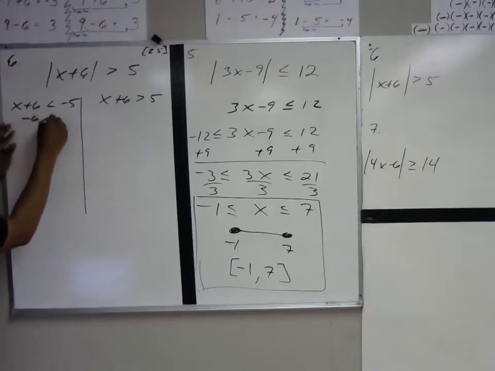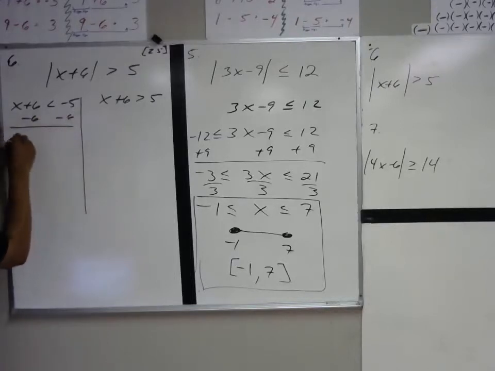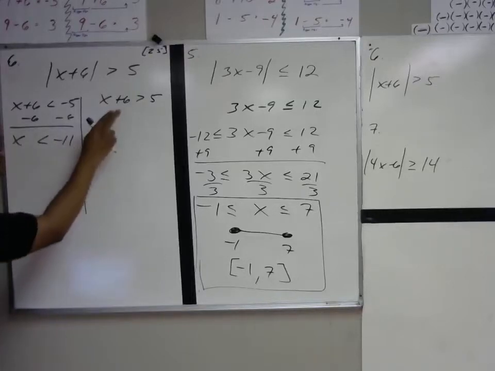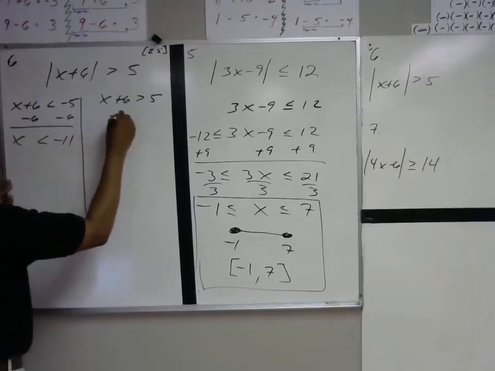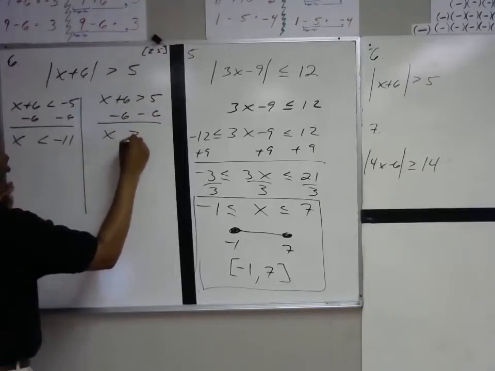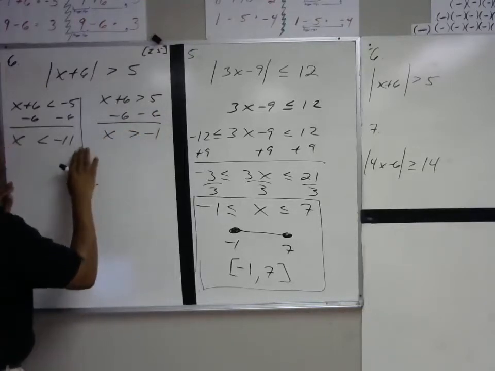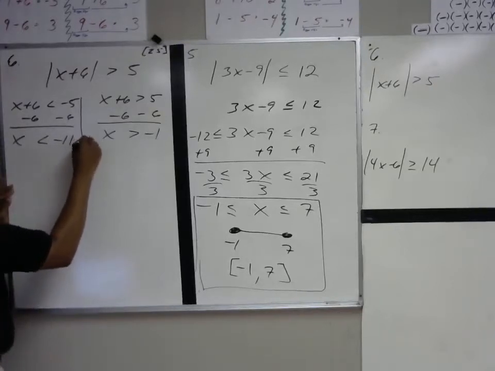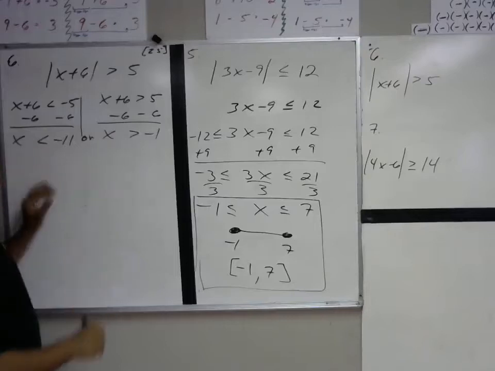Subtracting 6 from both sides, I end up with x is less than -11. Over here, I subtract 6 from both sides and end up with x is greater than -1. And we're finished. These are the solutions of this.